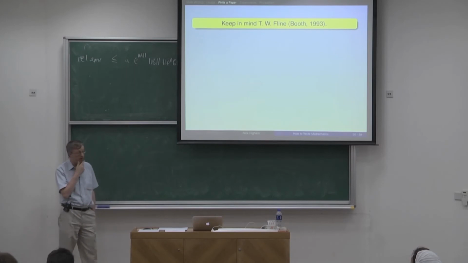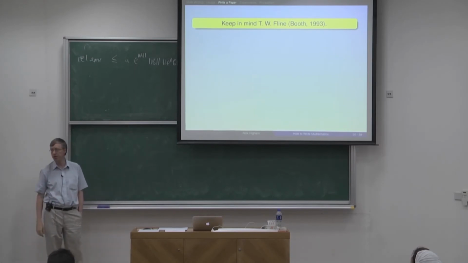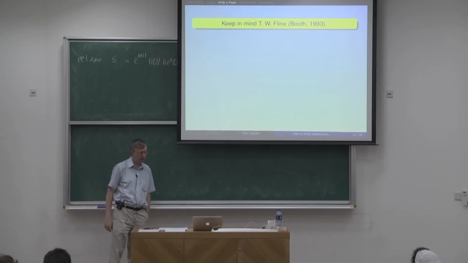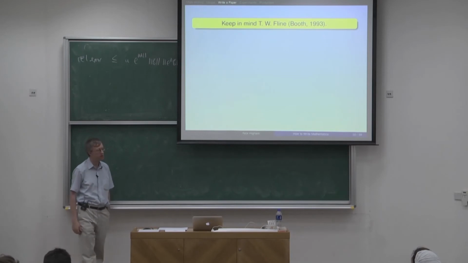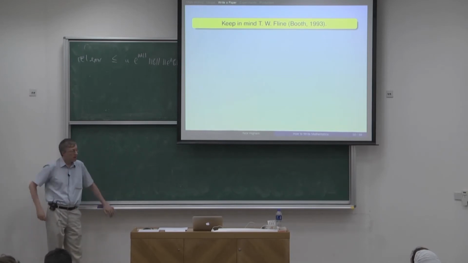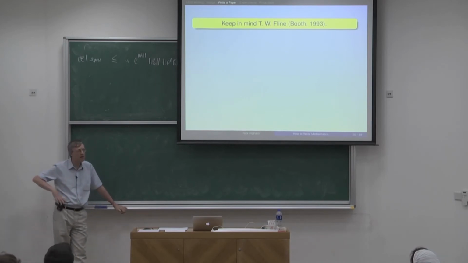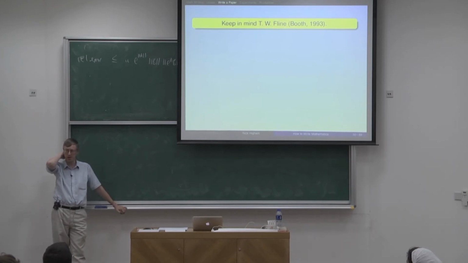When I was writing my book about mathematical writing many years ago, I was reading what other people had written about scientific writing. And there's a nice book by Vernon Booth, and he had this chapter about grammar and so on. And he said, keep in mind TW Flying, an acronym for those whose first language is not English.